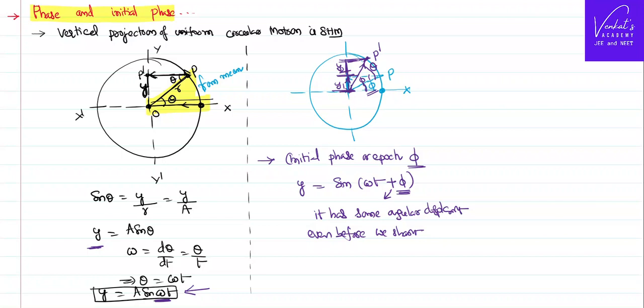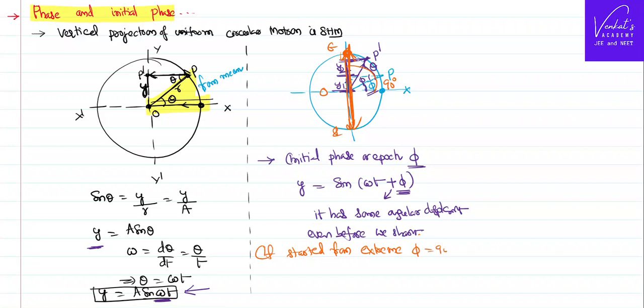It could start from, say, this position itself. In that case, this angle becomes 90 degrees. So if it started from the extreme, this is the origin, this is the extreme, this is the intermediate. This is the vertical projection of uniform circular motion oscillating.